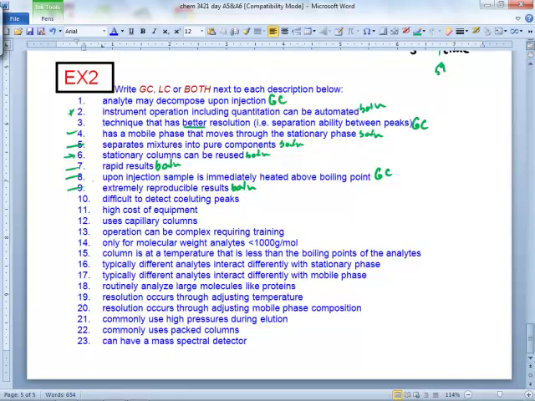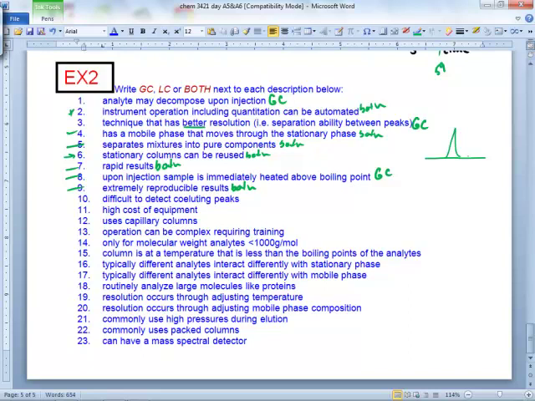Difficult to detect co-eluting peaks, Amanda. If you answer LC, see if you can answer the question also for GC. GC has the different types.